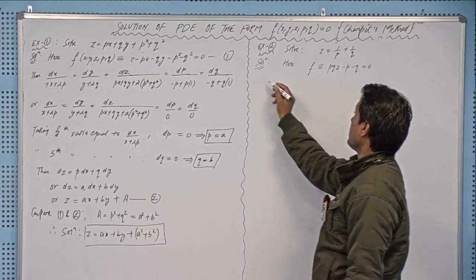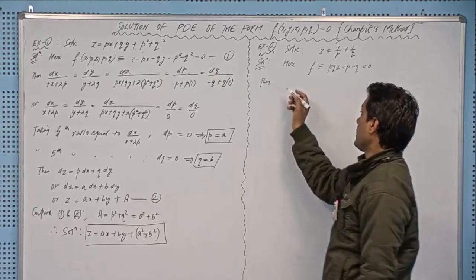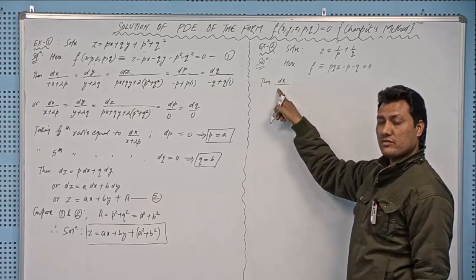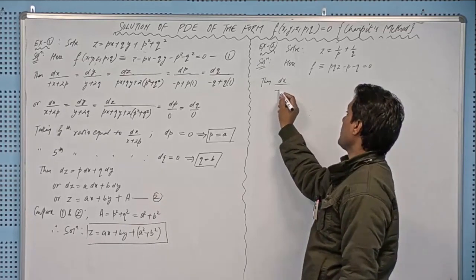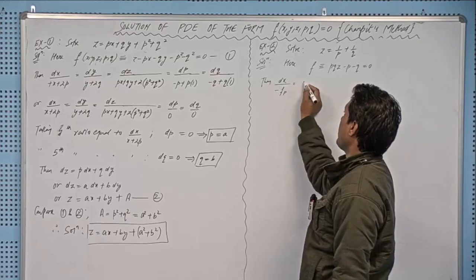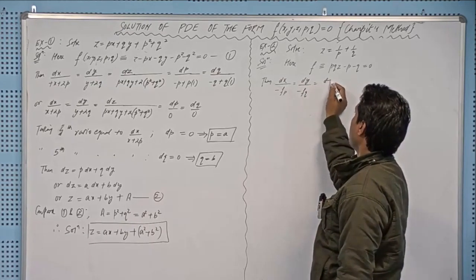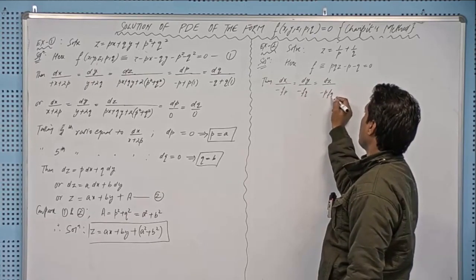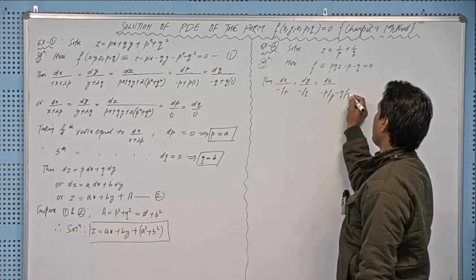And then applying Charpit's Lagrange's equation, be careful here: dx upon minus of del f over del p, and dy over minus of del f over del q, and dz over, multiply this by p and this by q, and you will get this.